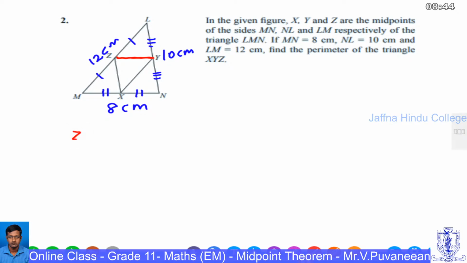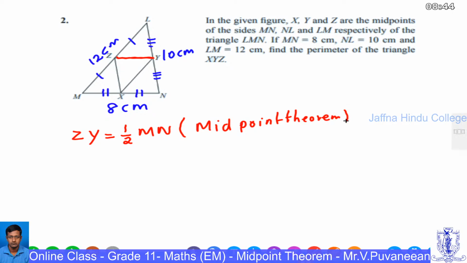From the midpoint theorem, no doubt. So half into MN, 8 centimeters, half into 8 is 4 centimeters. ZY equals 4 centimeters.